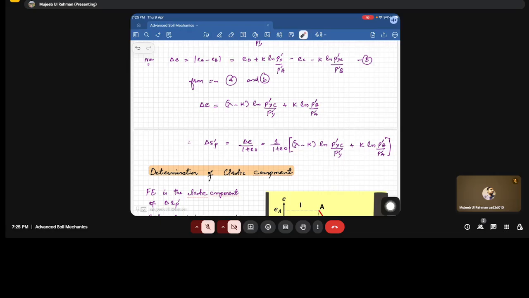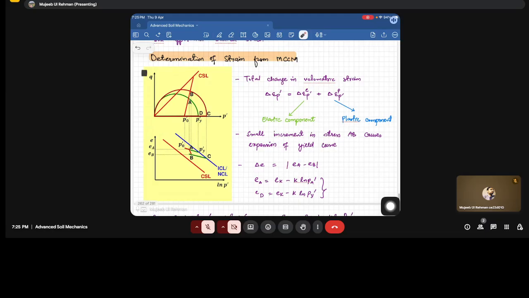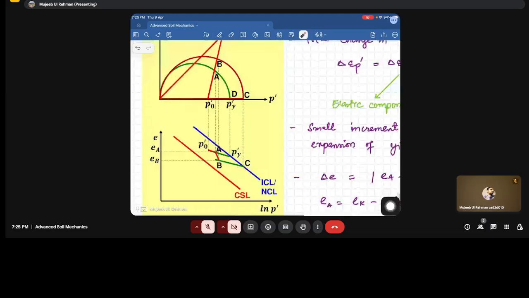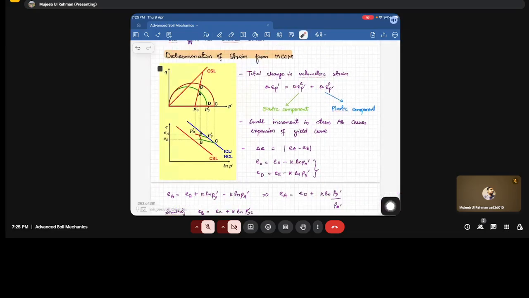Now, since I told you that it has both elastic components and plastic components, I will zoom this part so that you will be able to understand the elastic component. Since this is the CB line, if there's a rebound, this amount will be the elastic part.